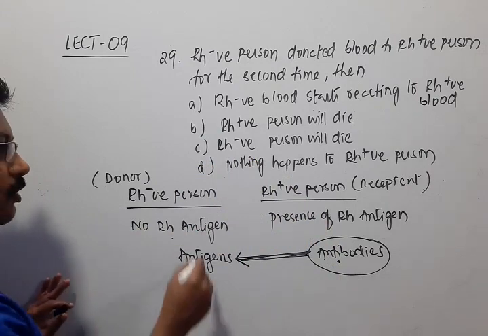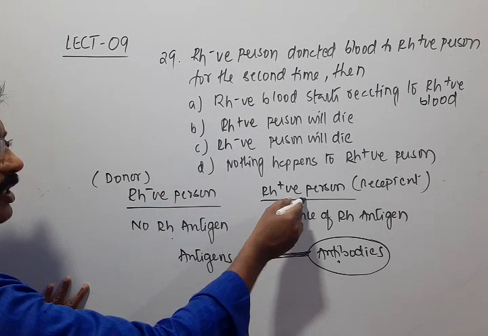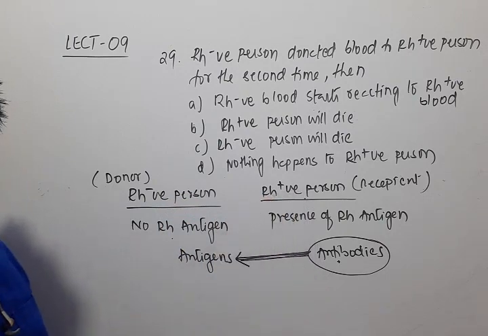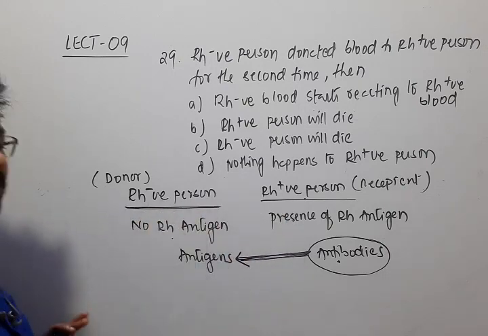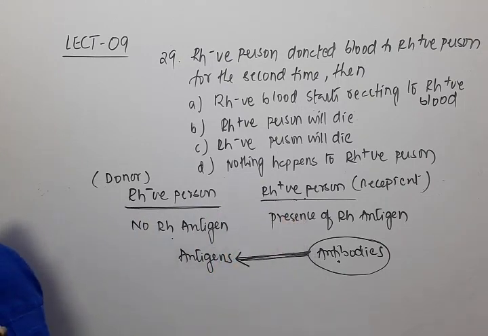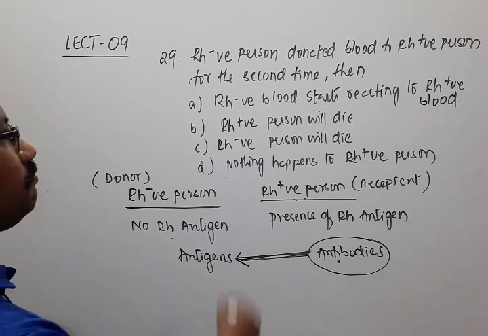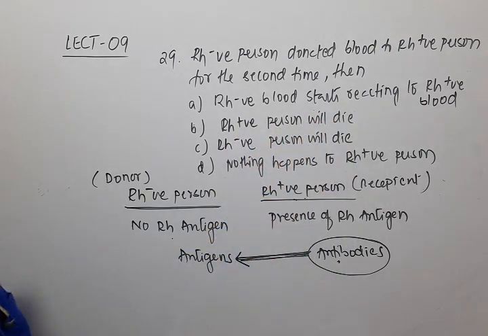So for the RH positive person nothing will happen, not the second time, not the third time, however many times he takes blood from an RH negative person.